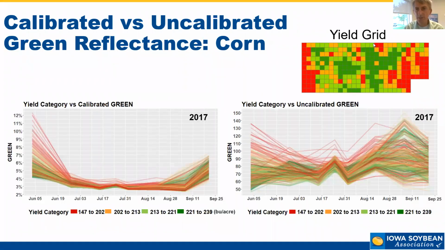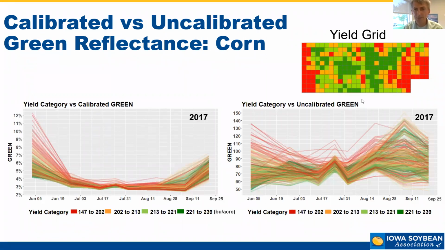So here's the yield map. The red indicates lowest yield, the green indicates the highest yield. And then we try to connect each of these grid cells with individual reflectance or index, for both uncalibrated on the left and calibrated on the right.